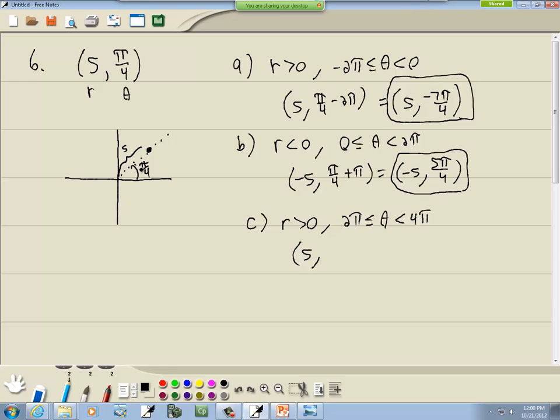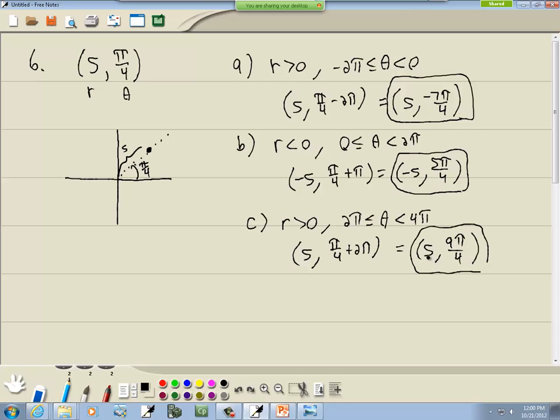We're currently sitting at pi over 4, but we want the angle to be between 2 pi and 4 pi. Well, that's easy. We'll just add 2 pi. So I'm going to have pi over 4 plus 2 pi. So we have 5 here. 2 pi times 4 is 8 pi, plus pi is 9 pi over 4.